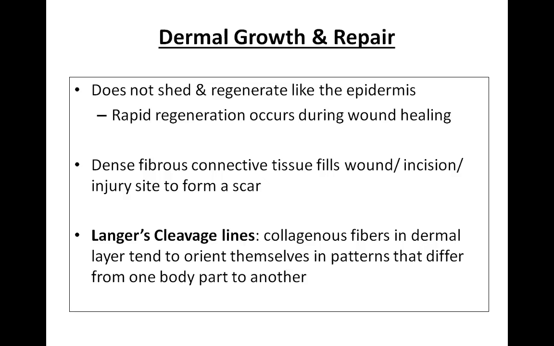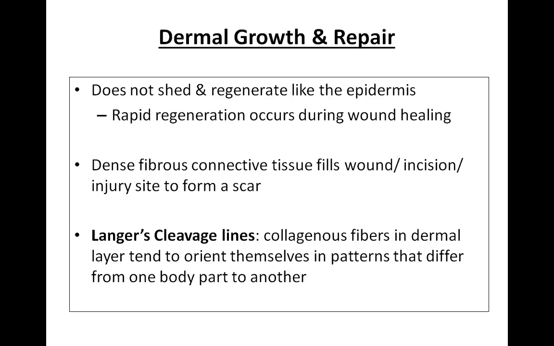In those cases only, dermal growth is more prominent, because in the epidermis regeneration is a continuous process. Whatever cell is in the basal layer today, after 30 days it will reach the top superficial layer, the stratum corneum. But in the dermis that type of regeneration does not take place.